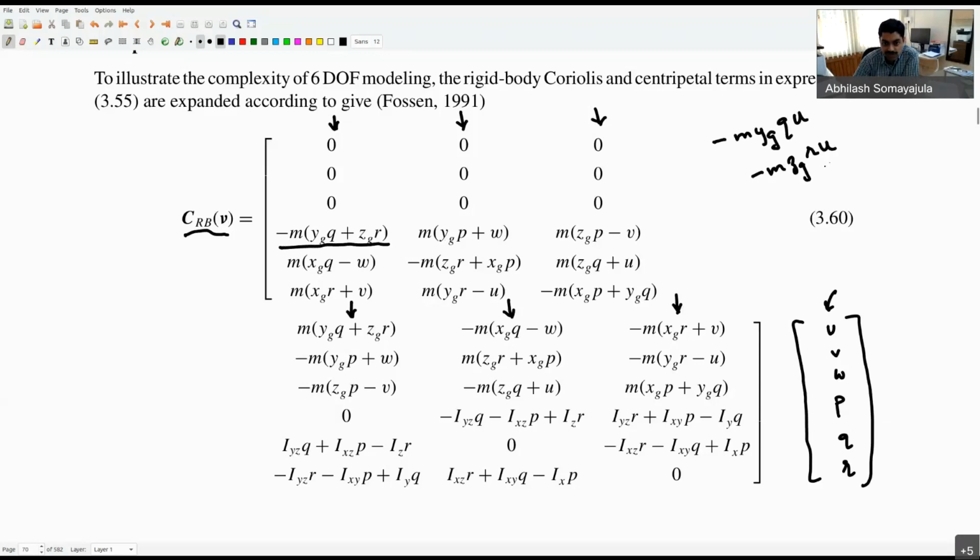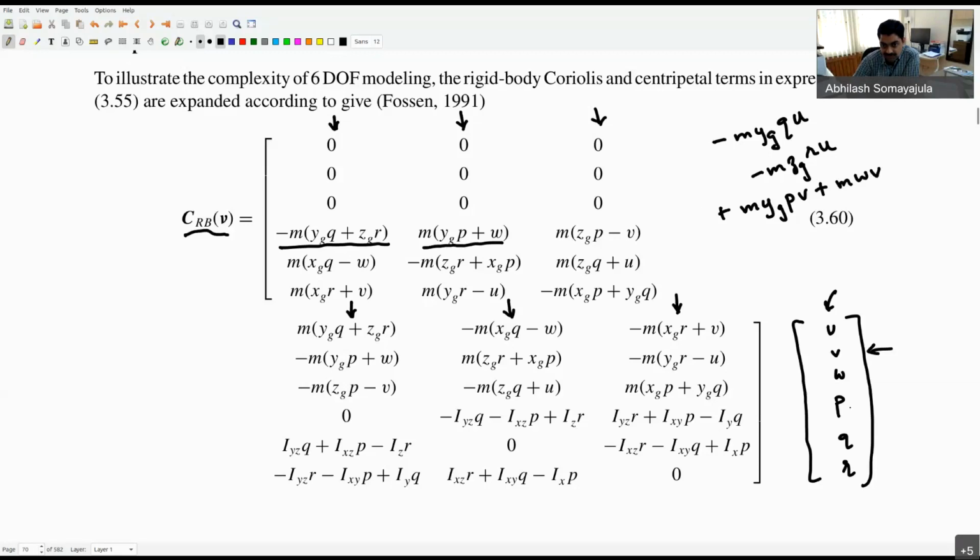Is everybody with me so far? Yes, sir. The next term will be, I'll have plus MYG times P times V plus M times W times V, right? Where I'm taking this value, multiplying it with V. Yes?